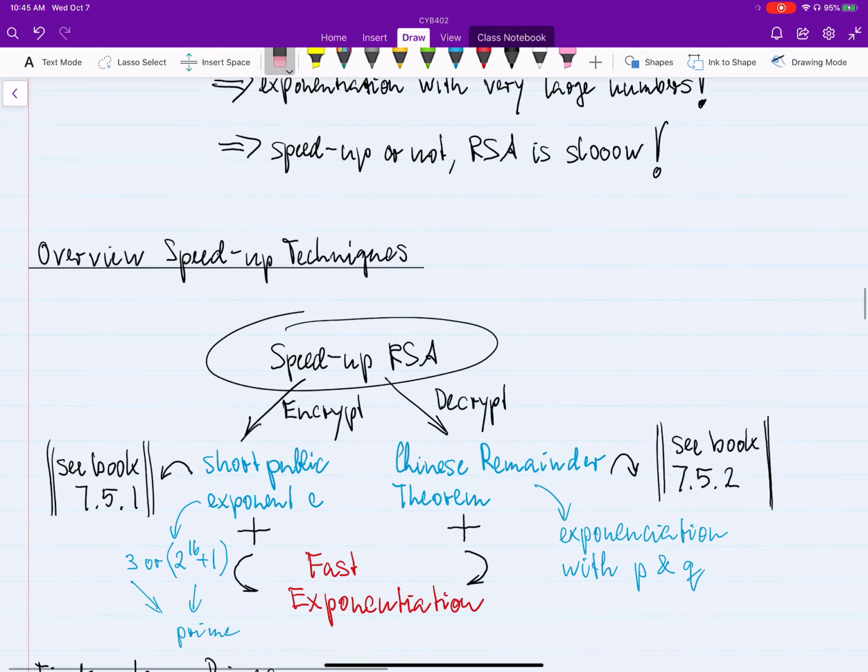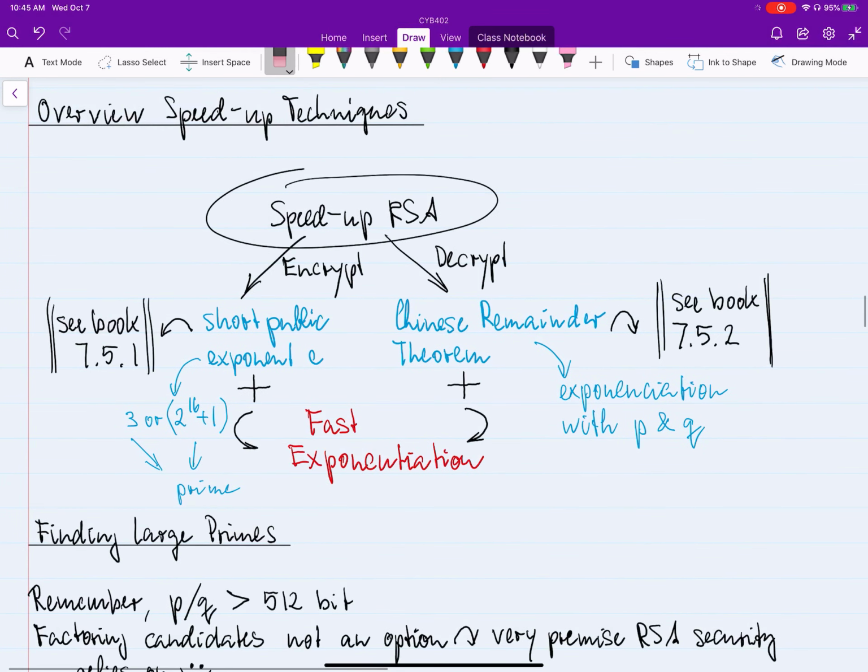So, speed up techniques. How can we speed up that exponentiation? On the encryption side, what we can do is use a short public exponent E. And I mentioned several times that could be 3, that could be 2 to the 16th plus 1.